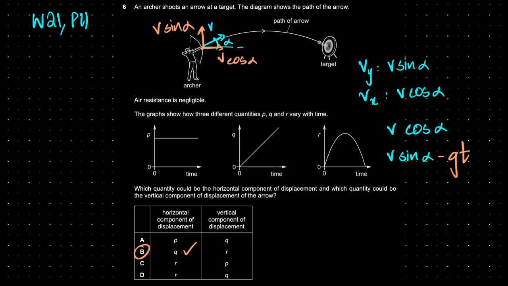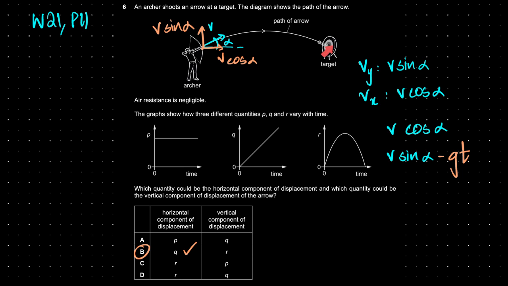But still, let's go ahead and understand why V sine alpha minus gt, which is the vertical component, is R. So first off, it is covering some displacement, but as the deceleration starts to kick in, the vertical displacement increases more slowly, and it becomes constant at the maximum height. After that, it starts to decrease again, and the vertical displacement becomes 0 again, assuming both of these are on the same horizontal ground.